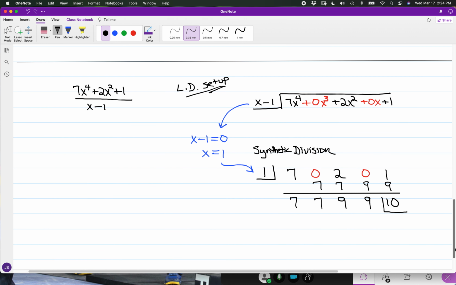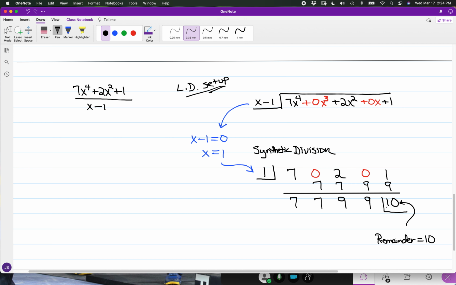So this is going to be 10. So you have that the remainder is equal to 10.